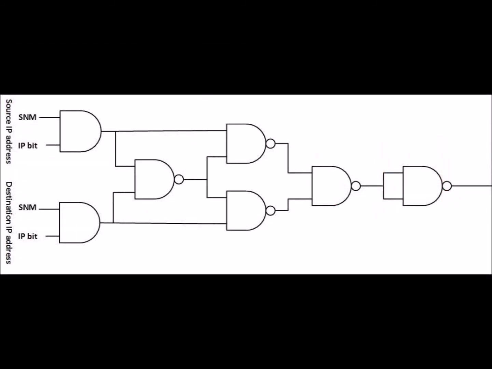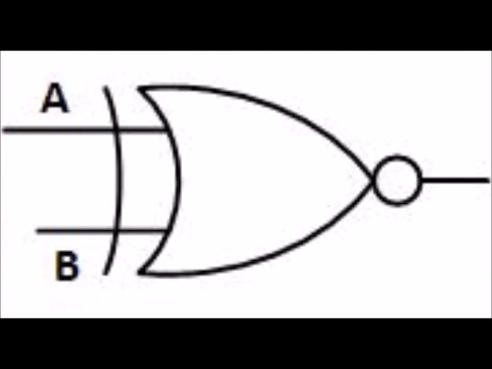One last thing I'd like to mention as we look at this close-up view of our series of AND gates and NAND gates: there is a much simpler way of performing this operation to come up with the value we needed to determine whether or not these IP addresses were local or remote. This actually just boils down to using what's called an exclusive NOR gate, or an XNOR gate.